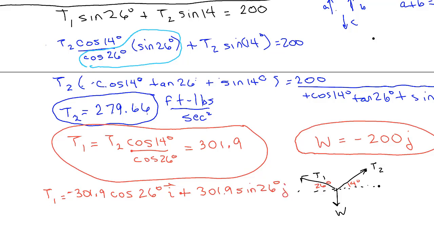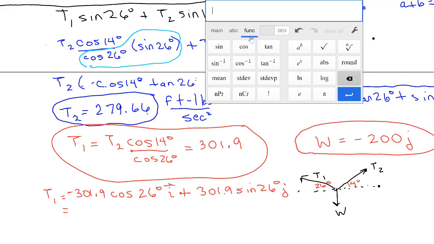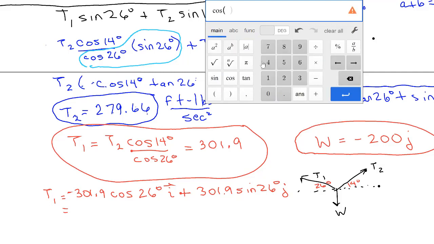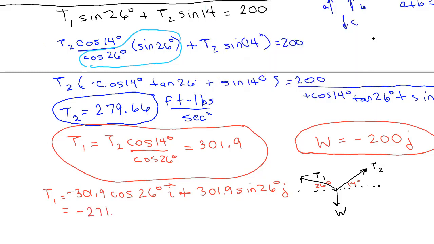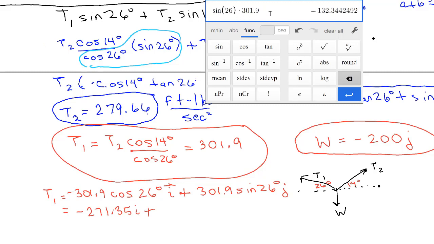And now it's probably a good idea to change it into decimal because I think that's what they do want. I have, let's get the cosine of 26 degrees times 301.9 is 271.35 negative, 271.35 I plus sine of 26 times that.